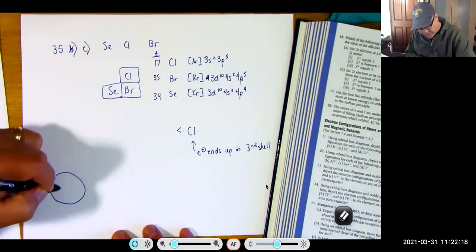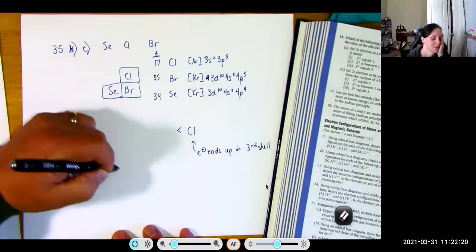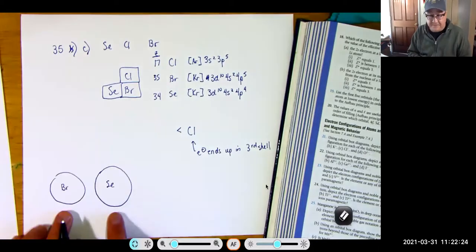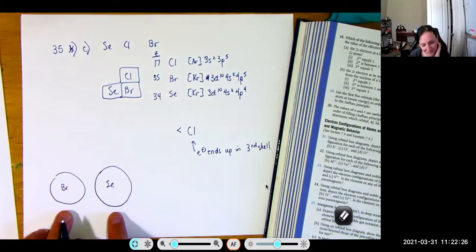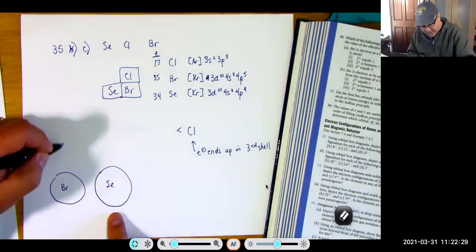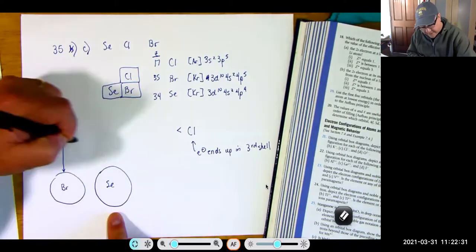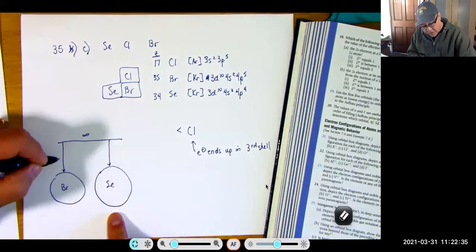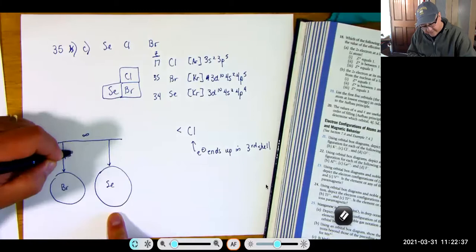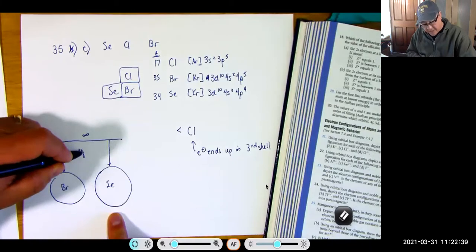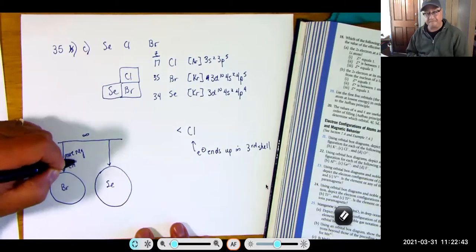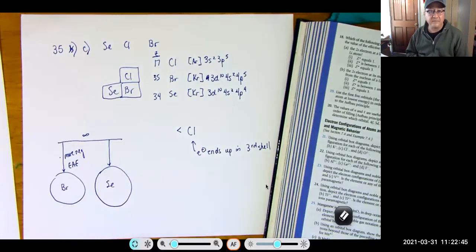You were answering the question for the actual question. Here I'm exaggerating it. Can you see that an electron starting off at infinity, this is going to be the more negative electron attachment energy, because it's got the larger arrow?